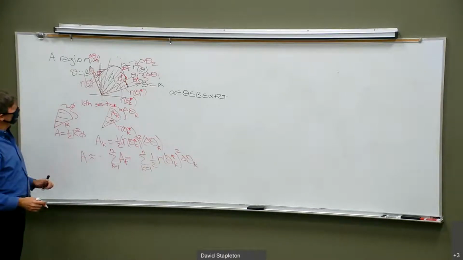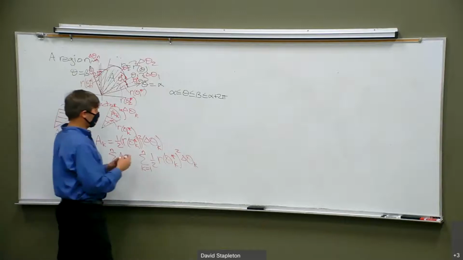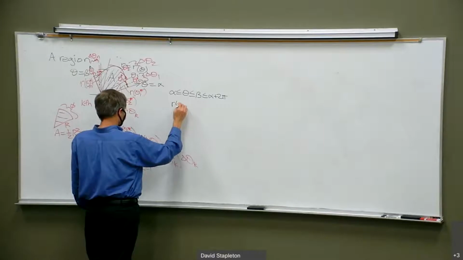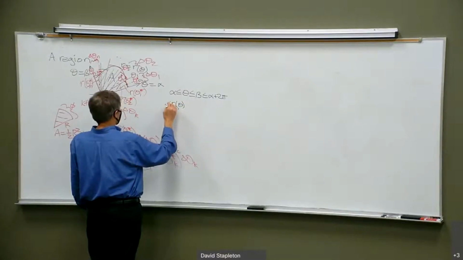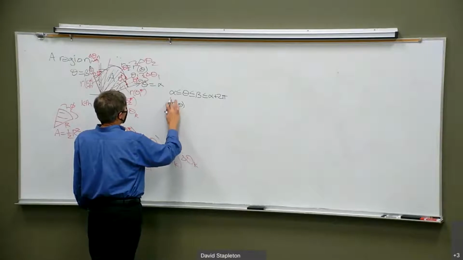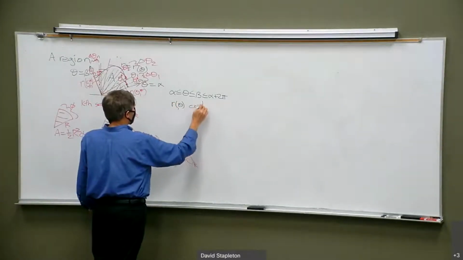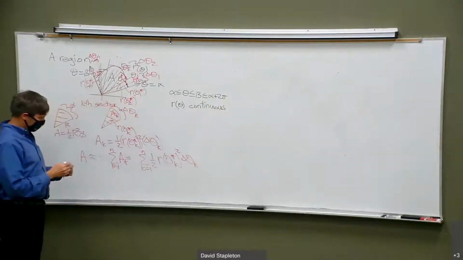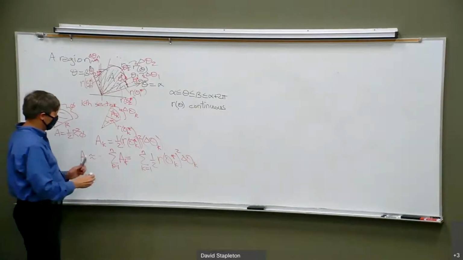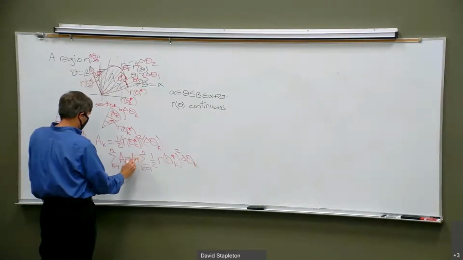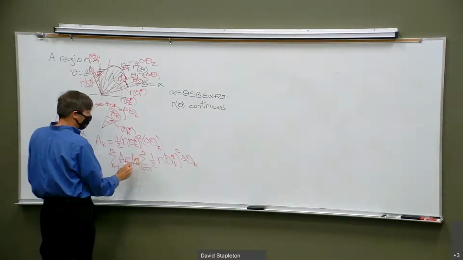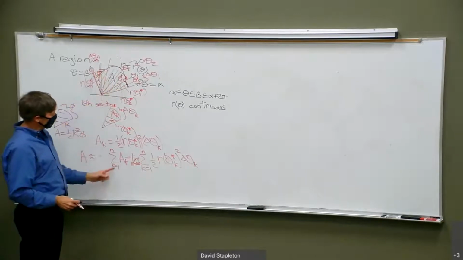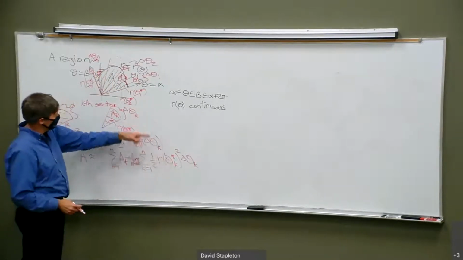Now what you can do is, if also r of theta is continuous, then it turns out, should you take the limit of these as the number of sectors goes to infinity, with the assumption that the width of the widest one goes to 0, it doesn't matter how you pick these points theta k star.